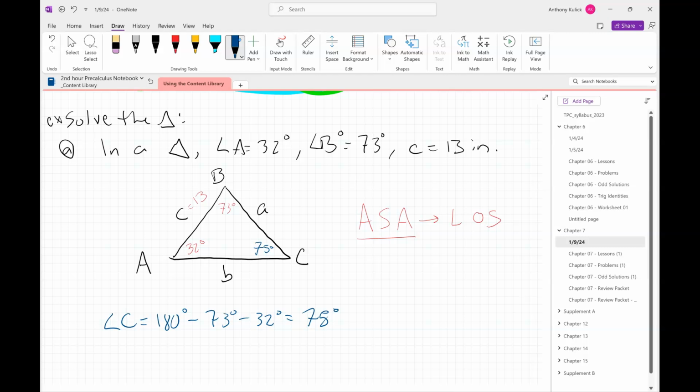So that's easy. That's for free. As soon as I have 2 angles, I can find the third one, right? Whether I'm given 2 to start with, or my first step found a second angle, I can get the third one for free. So in any of these solving problems, I'm at most going to be looking for 2 of the 3 remaining pieces, right?